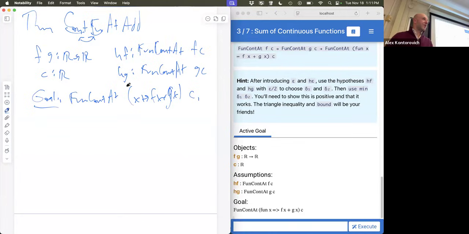Okay, should we do it in natural language? Is everybody ready? Does anybody want more time or can we go?